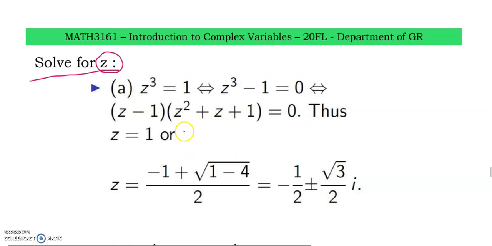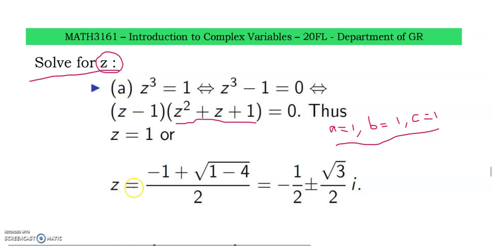Now to solve this second part, you apply the rule for solving a quadratic equation. That is z equal to minus b plus or minus square root of b squared minus 4ac, divided by 2a. Here a is 1, b is 1, c is 1.